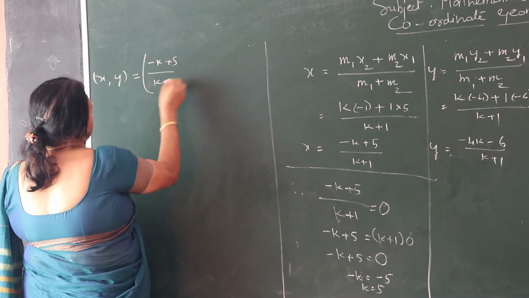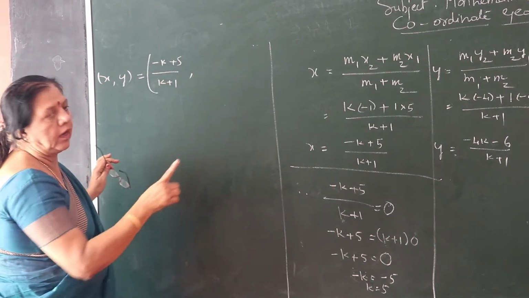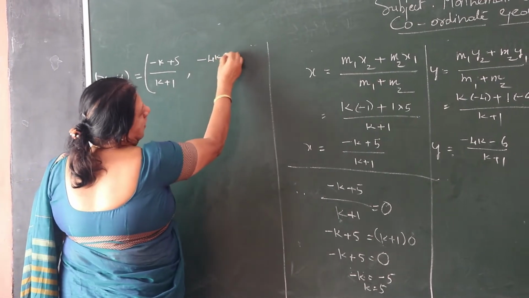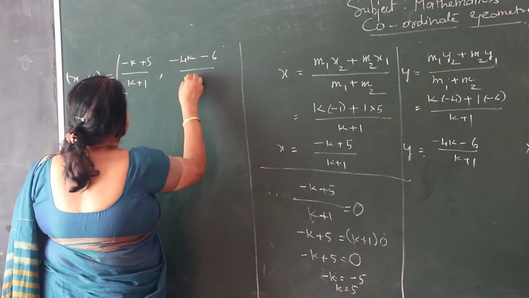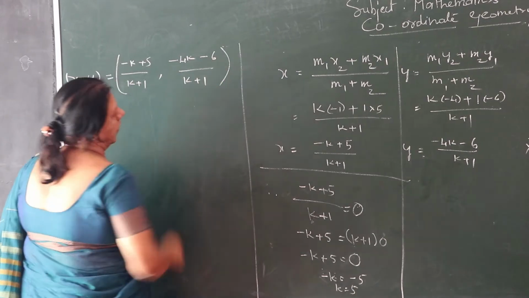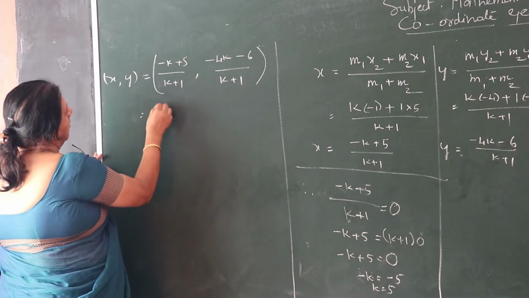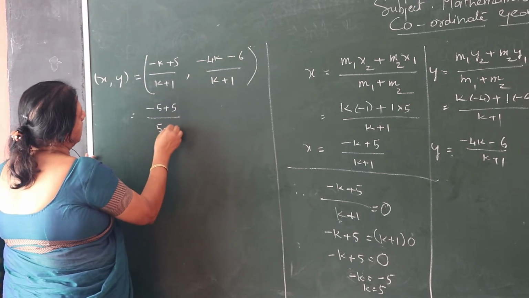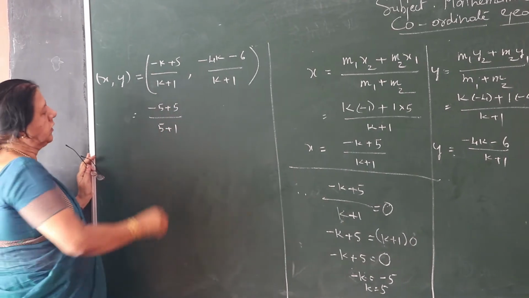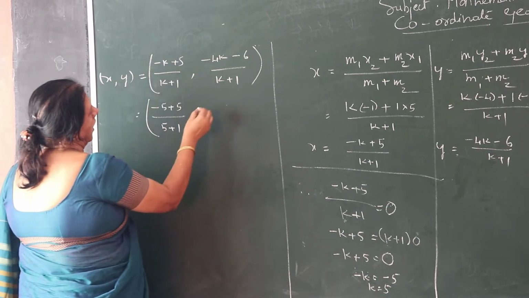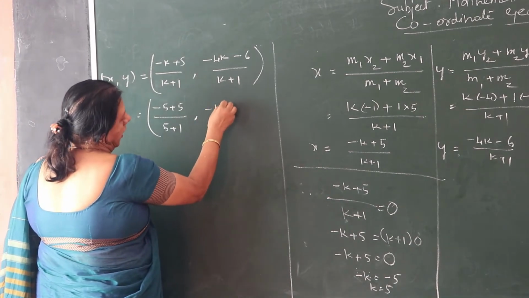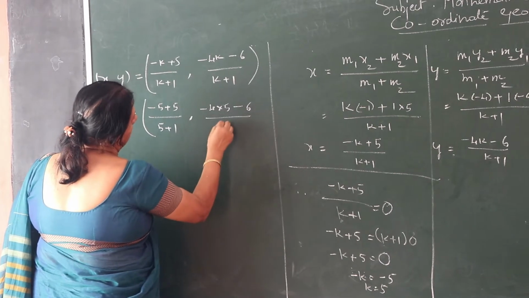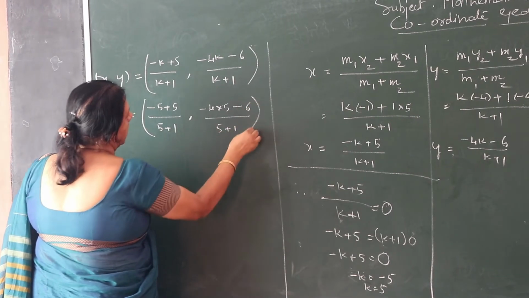This is x, comma, what is y, children? Minus 4k minus 6 by k plus 1. With the k value, minus 5 plus 5 by 5 plus 1.